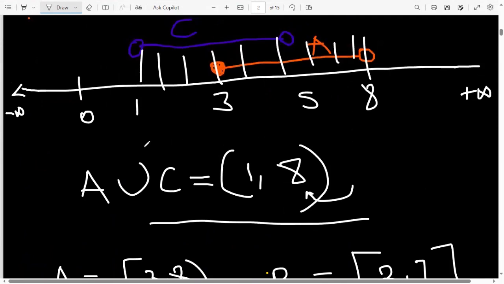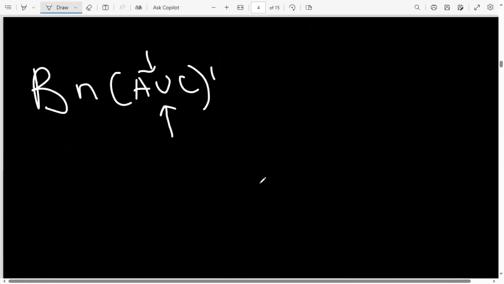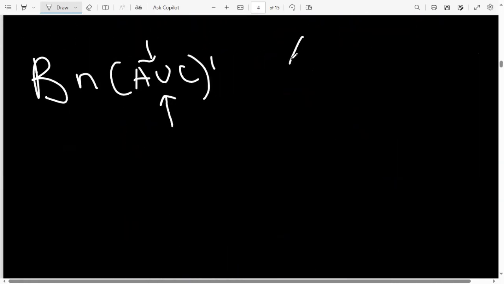A union C was from 1 to 8, where 1 and 8 are both not included. So I'm going to use that in this question. Let's find the complement of this and then intersect it with B.